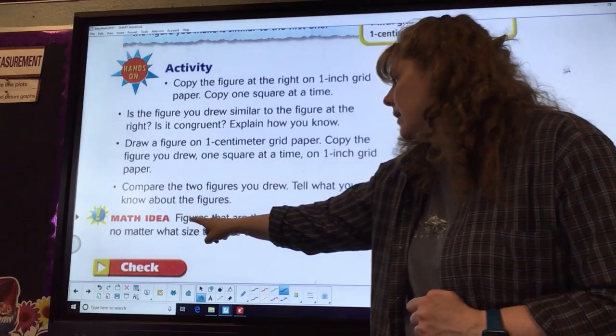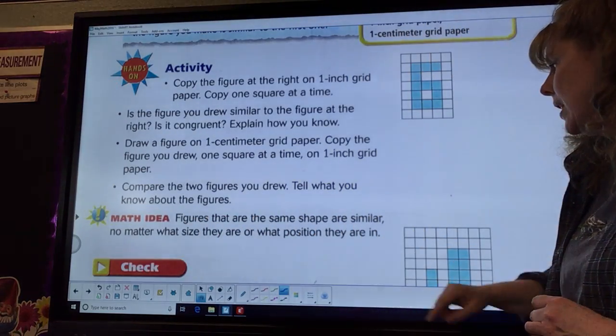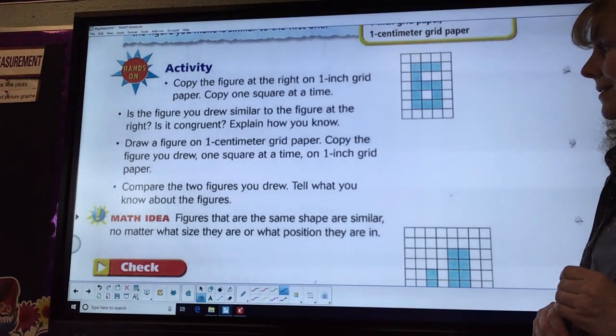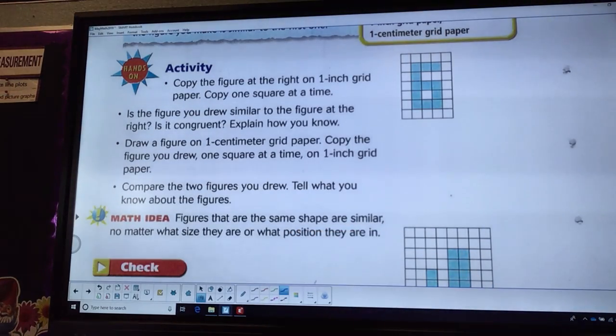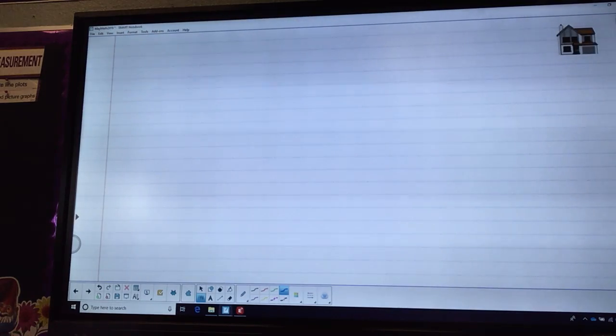It says right here, figures that are the same shape are similar no matter what size they are or what position they are in. So there's our answer to the problem we were just working on.